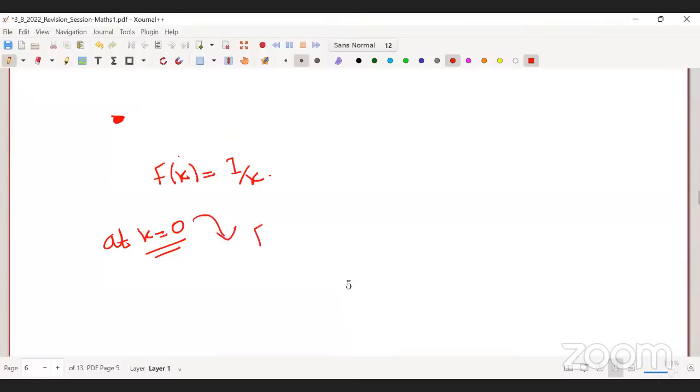I check f of 0, and I get that f of 0 doesn't exist. Then I can say this function is not continuous at 0. I don't have to go to any further step or check anything else.